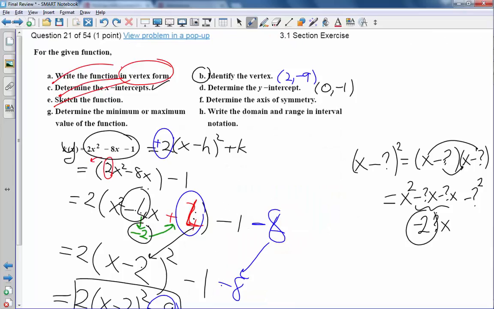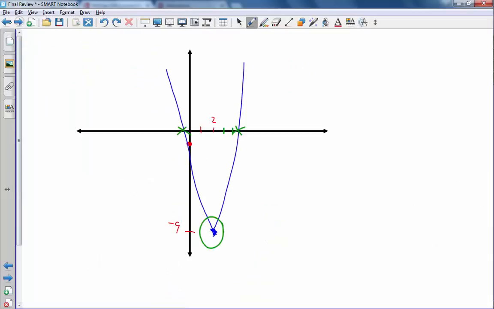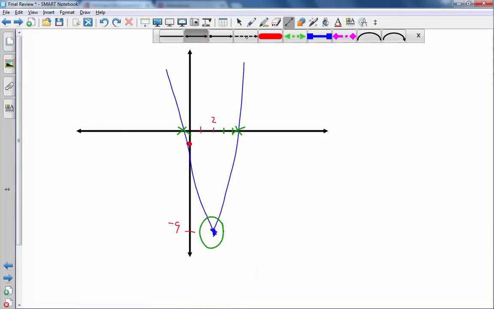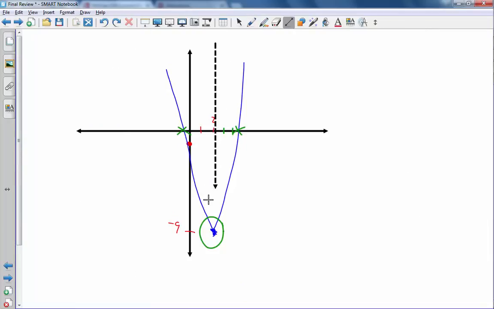All right, next part is axis of symmetry, which you can tell right on the spot. What is axis of symmetry? x equals 2, the first coordinate of the vertex. Technically, by axis of symmetry we mean the line that goes right through the middle of the graph, separating the left and right arms, and that line goes through the vertex.